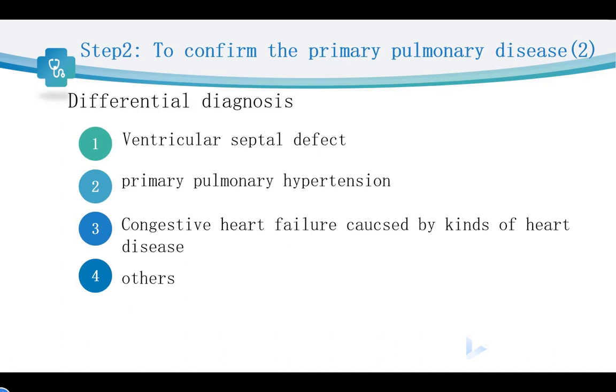We also need to do some differential diagnosis to exclude other diseases which can also cause a right heart abnormality, such as ventricular septal defect, primary pulmonary hypertension, and right heart failure caused by many kinds of heart disease, and so on.